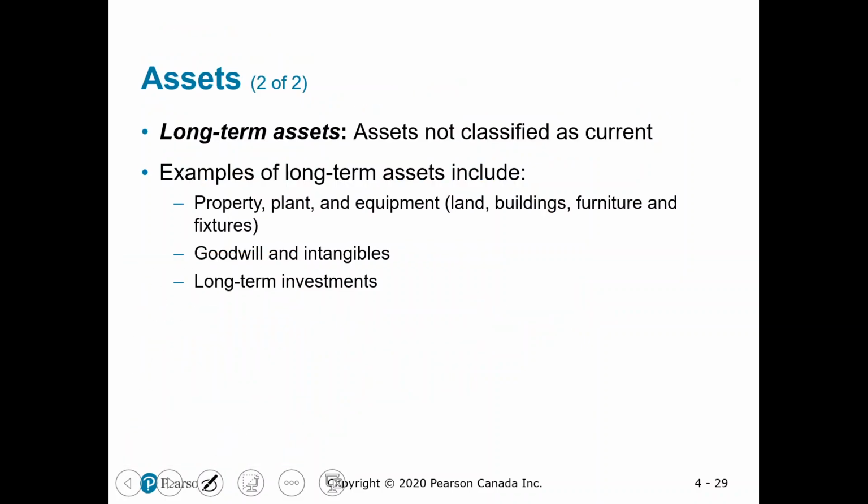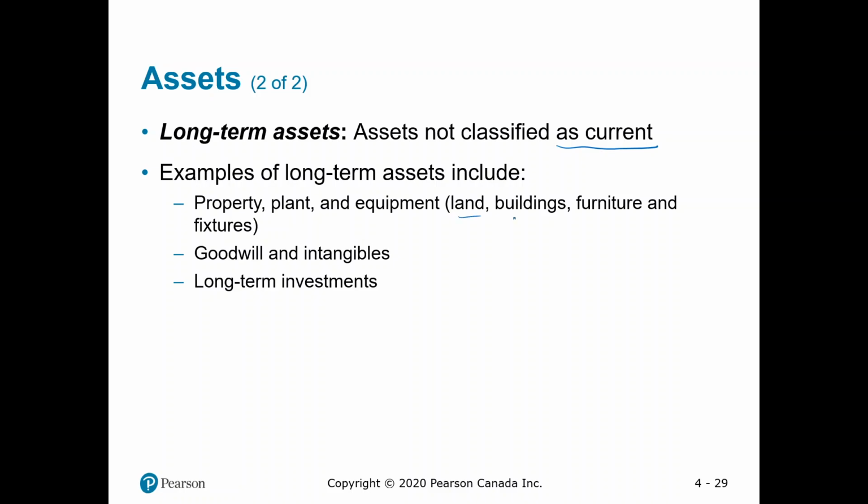Okay, so next we look at long-term assets. Well, long-term assets are just anything that are not current. So these will be either converted to cash, consumed, or potentially sold with or beyond 1 year. So it takes more than 12 months. Examples of these are property, plant, and equipment.